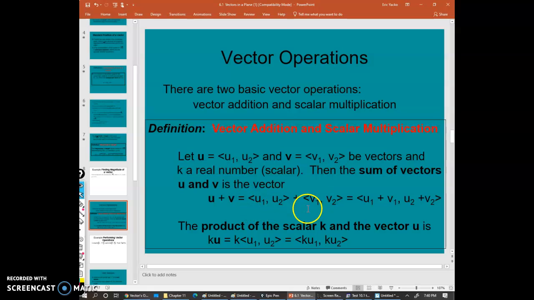So you would add u1 plus v1 if you're going to add the two vectors together, and then you would add u2 plus v2. And scalar multiplication, product scalar, remember that? Scalar, most commonly used letter is k, and it just stretches or shrinks the length of a vector, essentially. So ku is k times the vector u, and k just distributes into the vector.